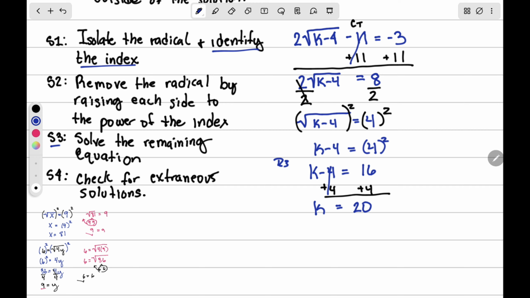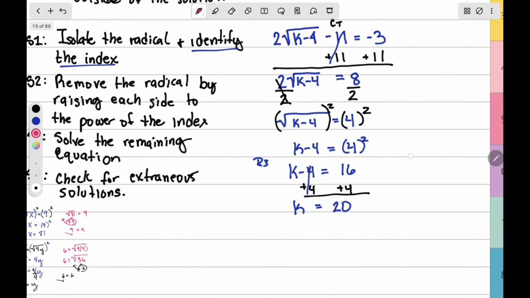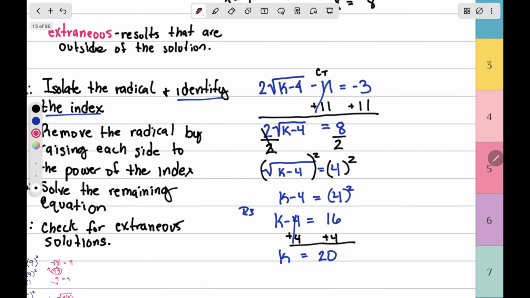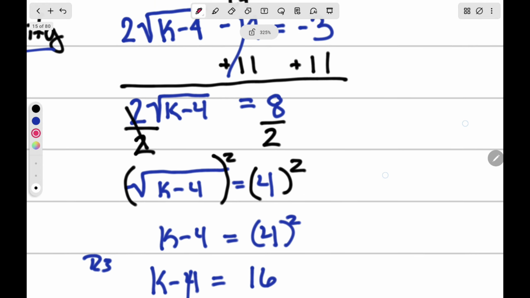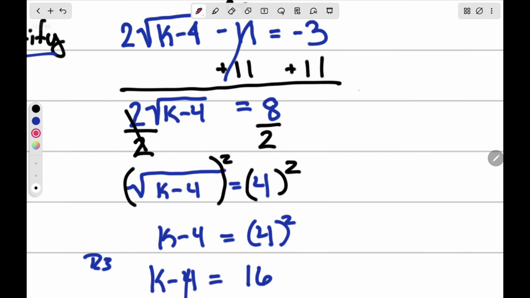All right, let's see if 20 is an extraneous solution. So our original radical equation, oh man, I'm running out of room, is 2 square root, we said k was 20, 20 minus 4, minus 11 equals negative 3.